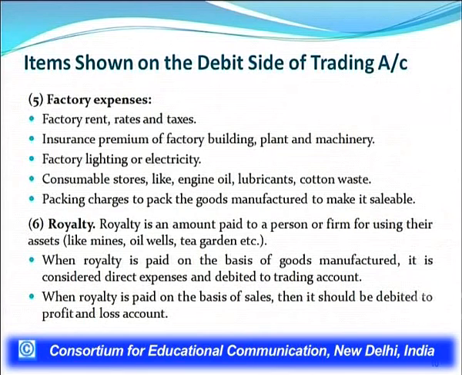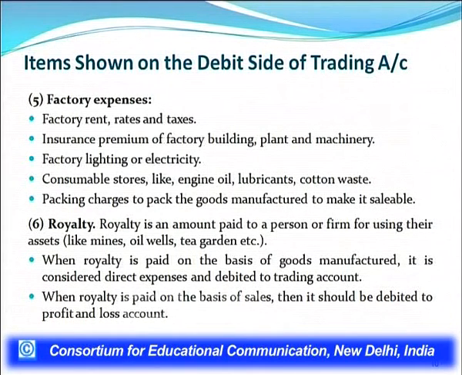Royalty is an amount paid to a person or a firm for using their assets like mines, oil wells, tea gardens, etc. Royalty is also paid in case of copyrights and patent rights. Now, the question arises whether this royalty is part of direct expenses or indirect expenses.